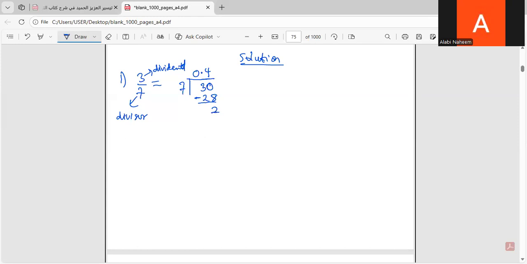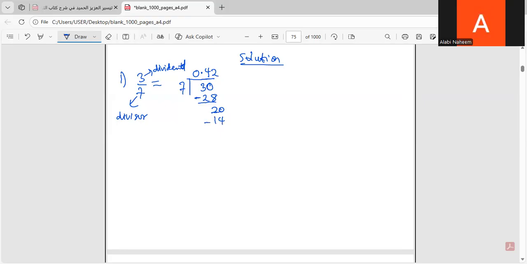Right? 7 in 2. 2 is less than 7, so include 0 here. 7 in 20, that's 2, because the highest multiple of 7 before 20 is 14. 7 times 2 is 14.